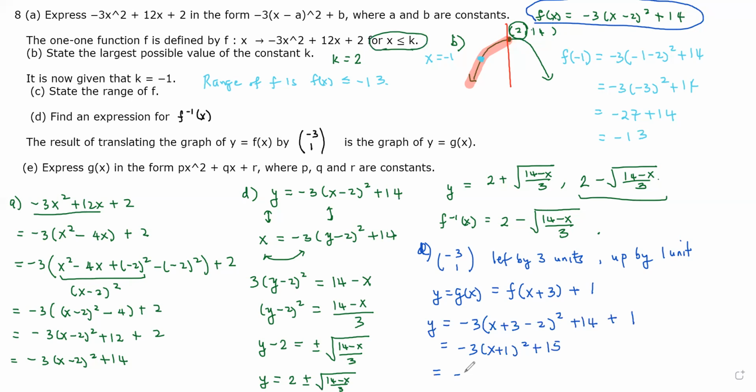Expand the binomial: negative 3 times x squared plus 2x plus 1, plus 15. So what we have is negative 3x squared minus 6x minus 3 plus 15. Y now is negative 3x squared minus 6x plus 12. That will give you the function g of x.